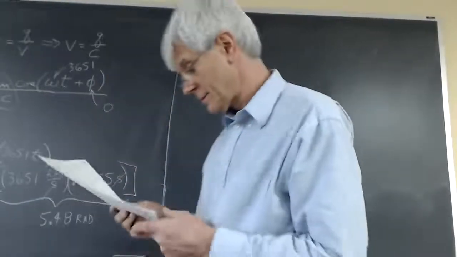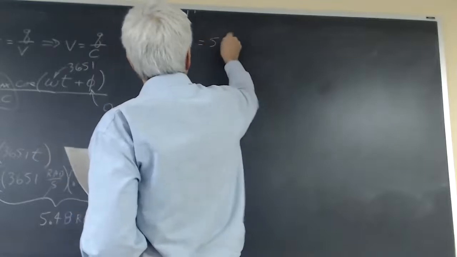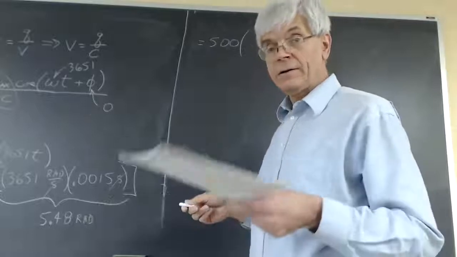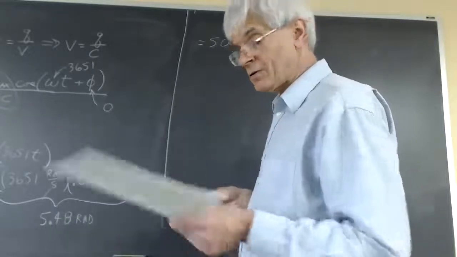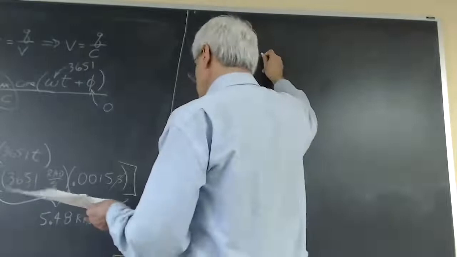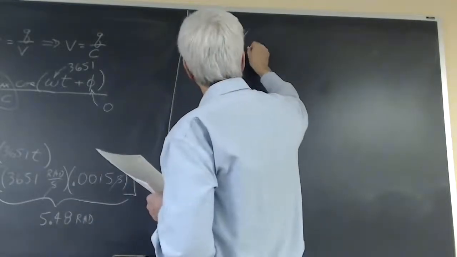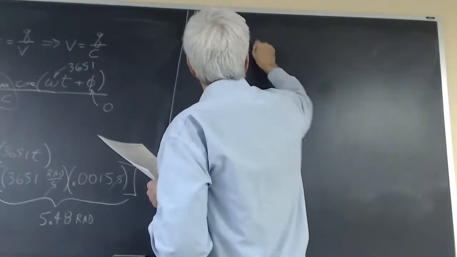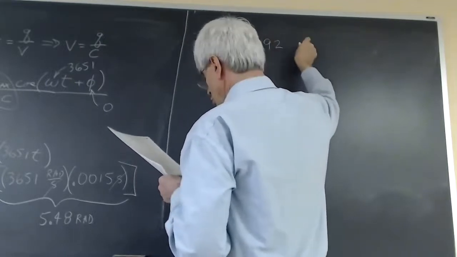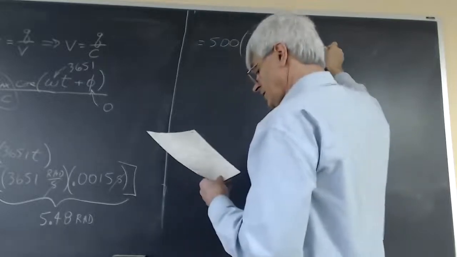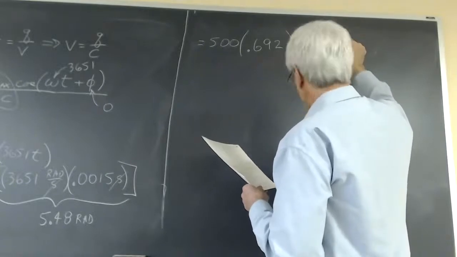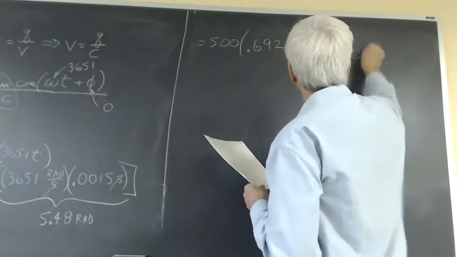And if you had your calculator in the correct mode and pushed the correct buttons, the cosine of 5.48 radians should have come out approximately, rounding it off a little, 0.692, which means the answer comes out 346 volts.